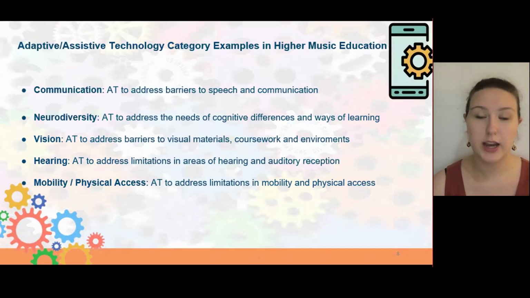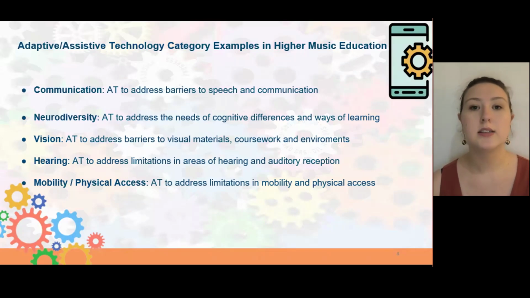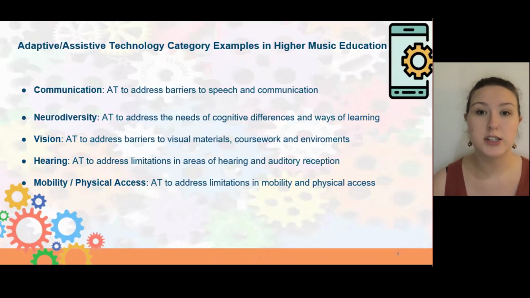Adaptive assistive technology category examples would be in the area of communication, assistive technology to address barriers regarding speech and communication; neurodiversity, AT to address the needs of cognitive differences and different ways of learning, a different way of the brain functioning, and how they approach the educational process.